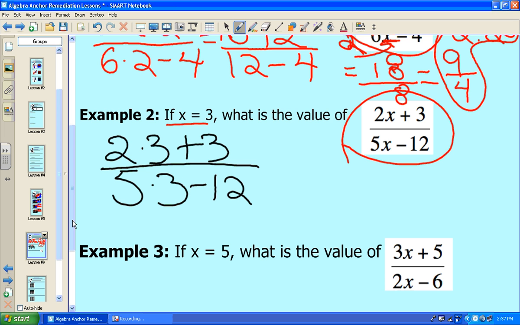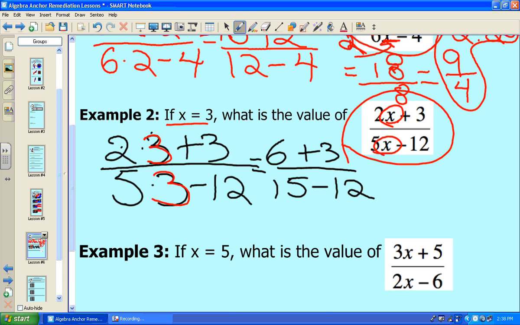Okay, you substituted the 3 in for x. After you substitute in, you simplify the numerator and the denominator. So 2 times 3 is 6, and then rewrite the plus 3. In the denominator, you have 5 times 3, which is 15, and subtract the 12.